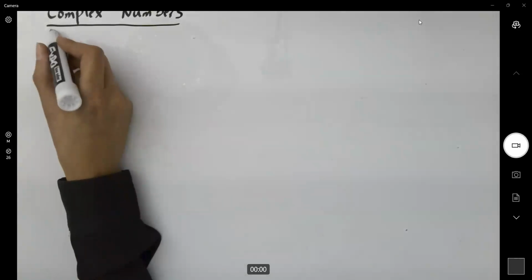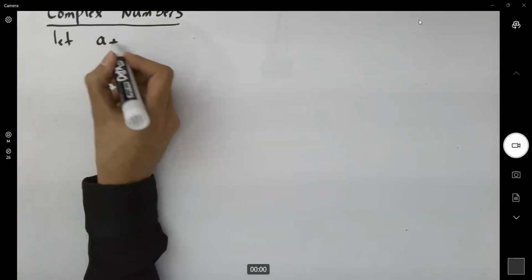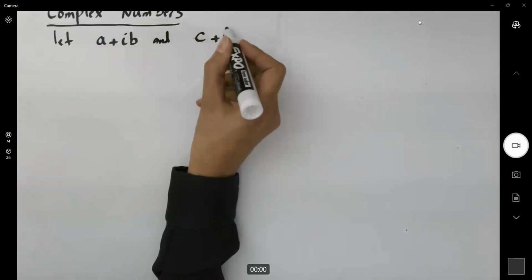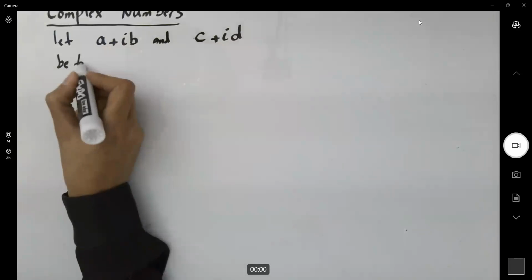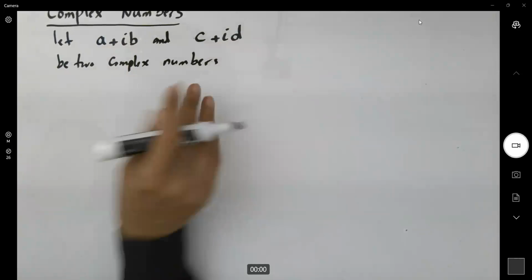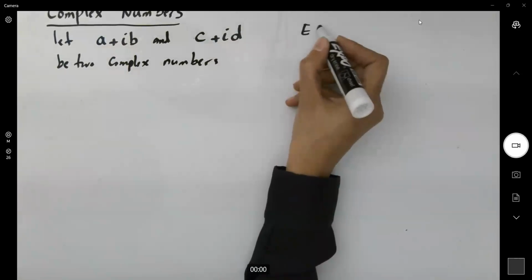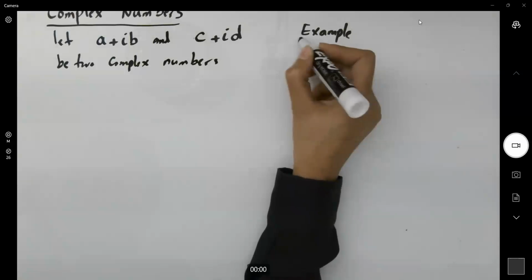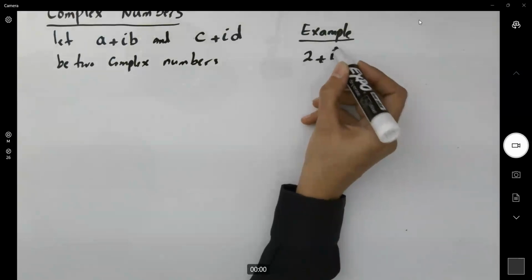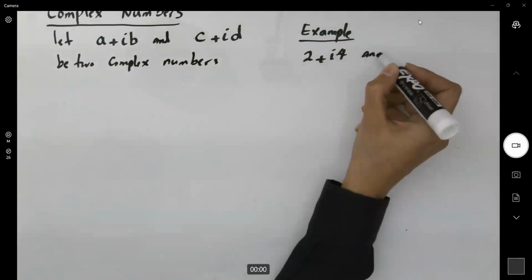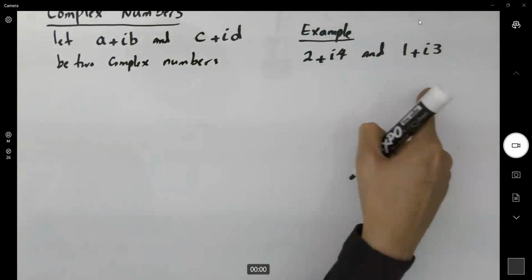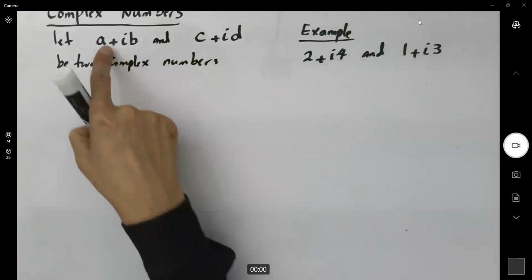First of all, let a plus I b and c plus I d be two complex numbers. I'm going to write down the definition here and one example next to it, so you see what we are talking about. So suppose you have 2 plus I times 4 and 1 plus I times 3 as two complex numbers. So I'm giving you two complex numbers.